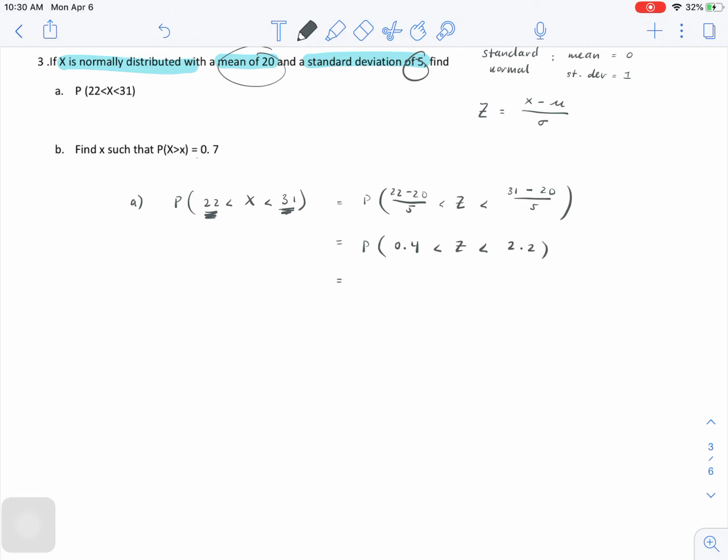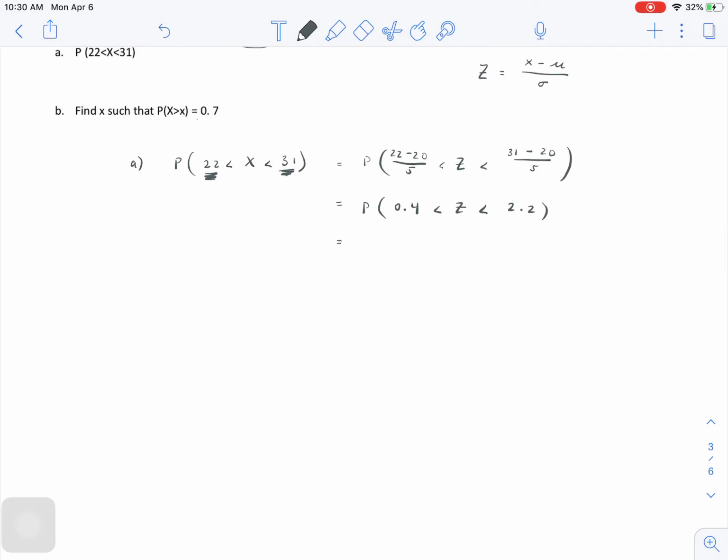To find the probability that z is between two values, to remind us how to do that, I'll draw a picture. I want this shaded area in the middle.